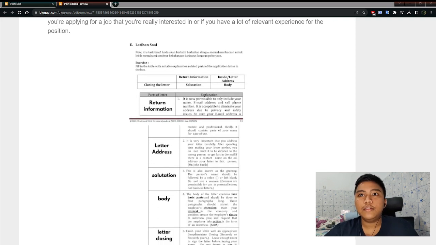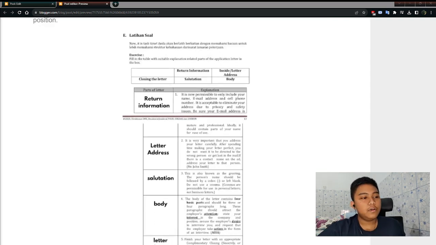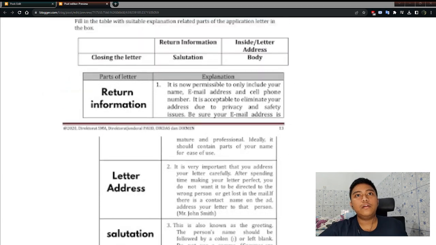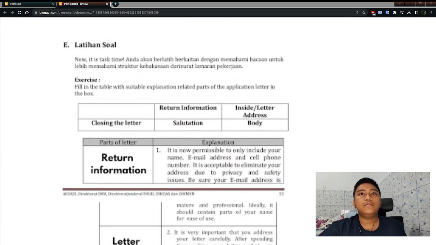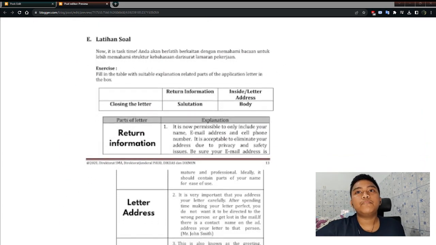Here's the exercise about the parts of the letter, the structure. It's page 11, if I'm not mistaken. Here are the explanations and the parts of the letter. We have to analyze which part of the letter it is.